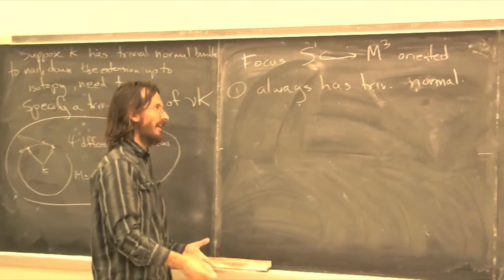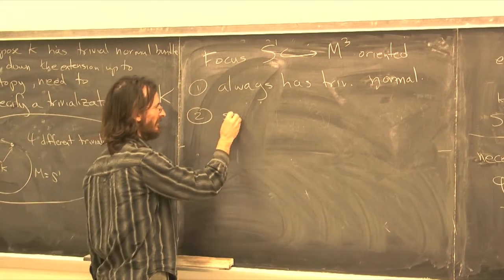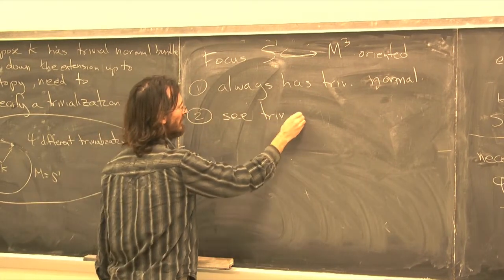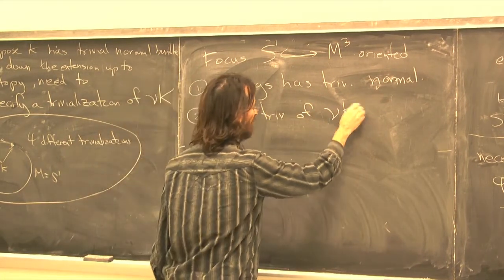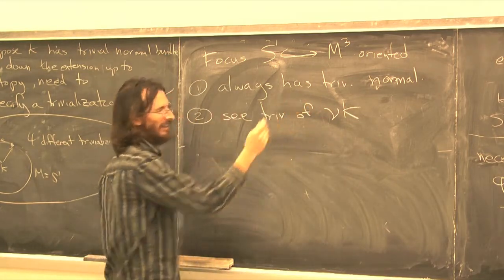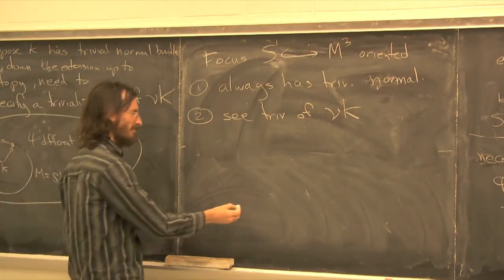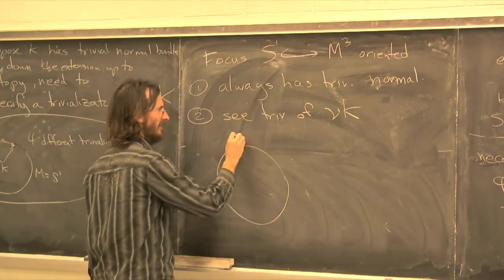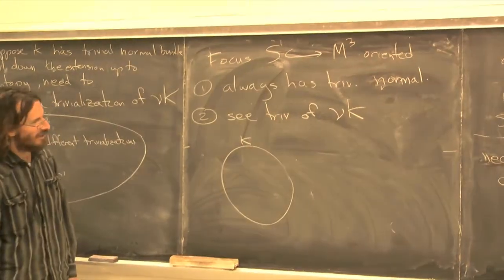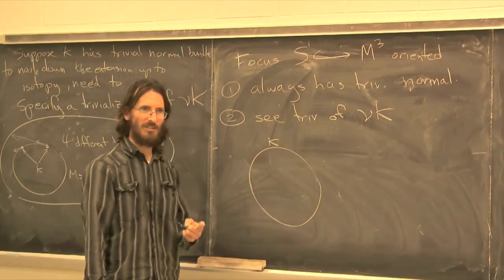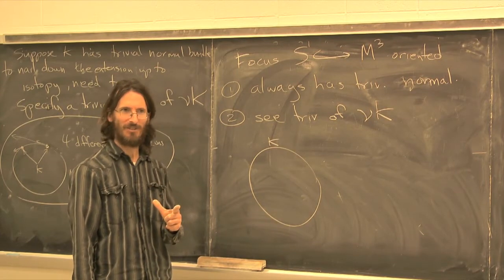Well, how to see a trivialization of the normal bundle? I've got a knot K. It's in a 3-manifold. So for example, let's say it's an unknot. This is K. What I'm supposed to draw is, as I go around it, 2 linearly independent vectors.